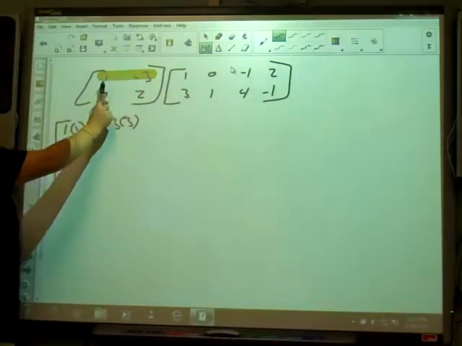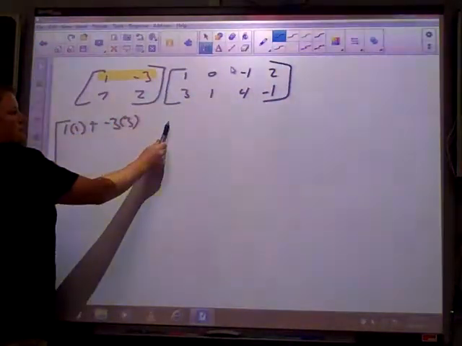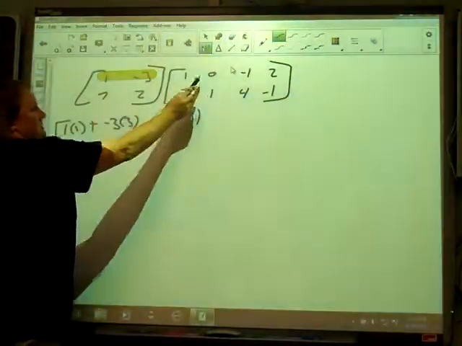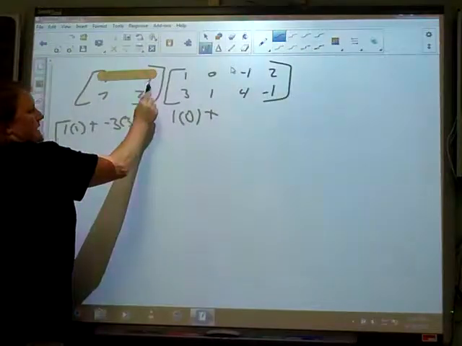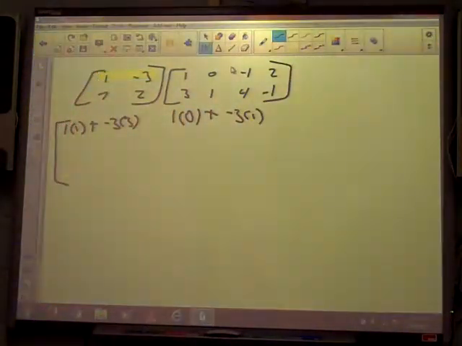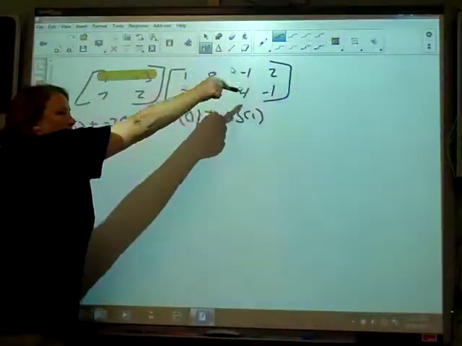Now I'm going to do the same thing with the next column. I'm going to skip a little space, and I'm going to have 1 times 0 plus -3 times 1. Now I've got to do that same thing with the third column.